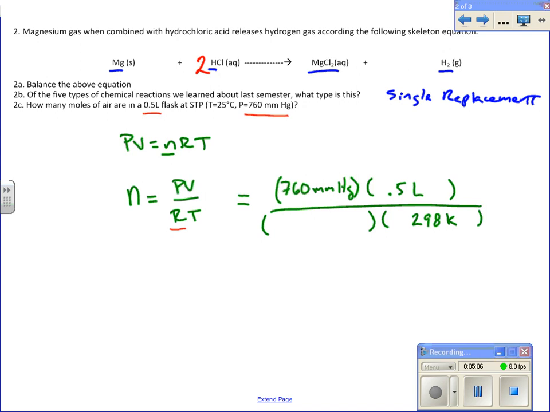So we would do that, and we would find in our table a value of about 62.4, and the units would be liters millimeters mercury per Kelvin mole. So when we do this calculation, we find out that the number of moles of air in this flask is pretty small, 0.019 moles of air.